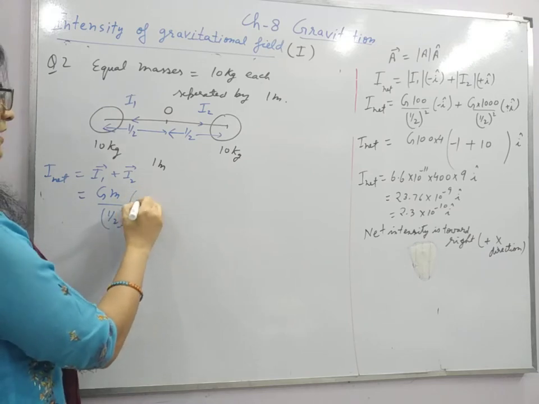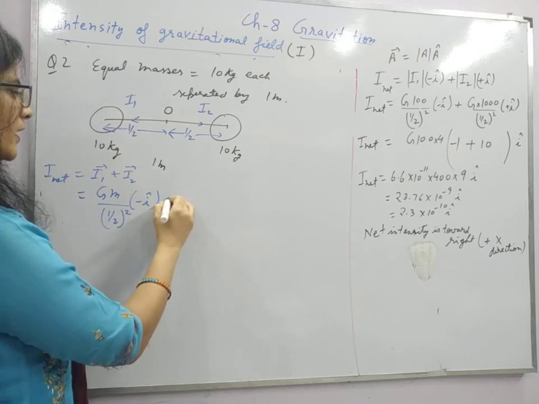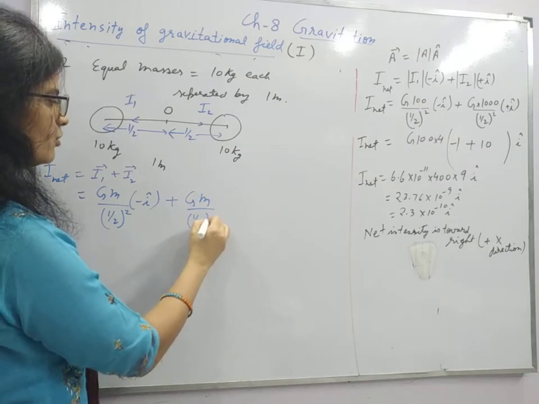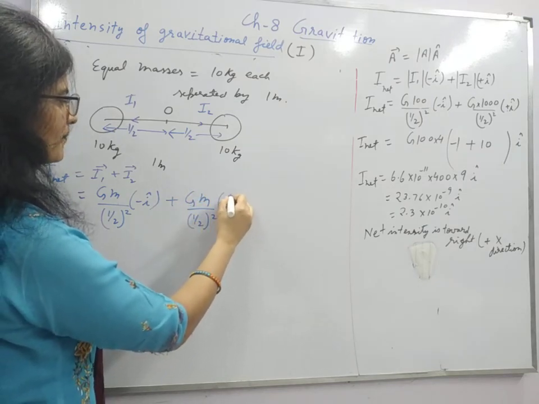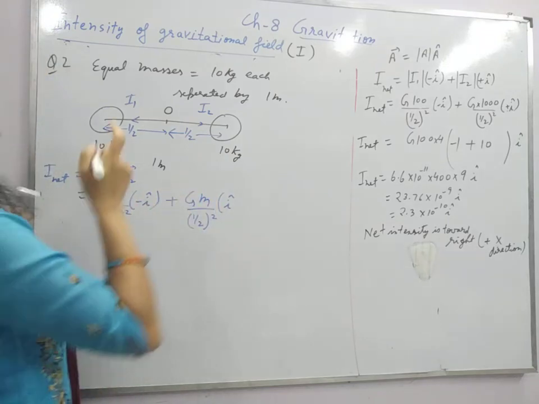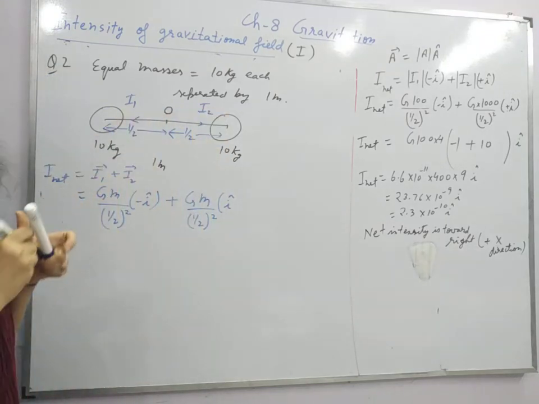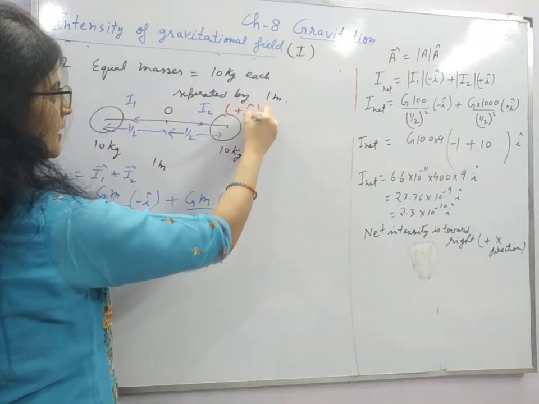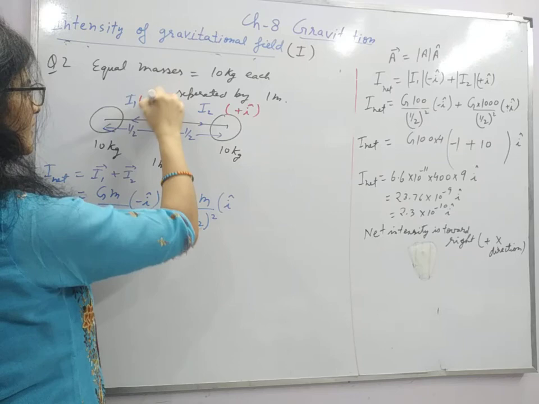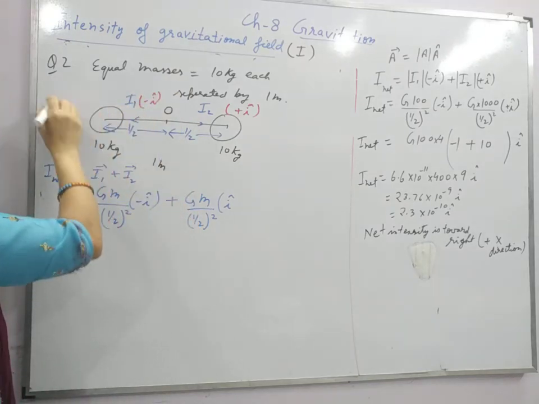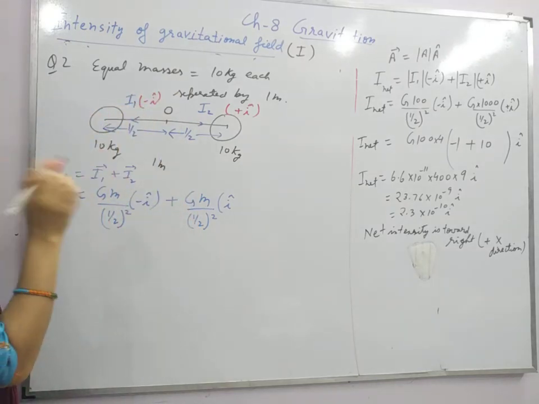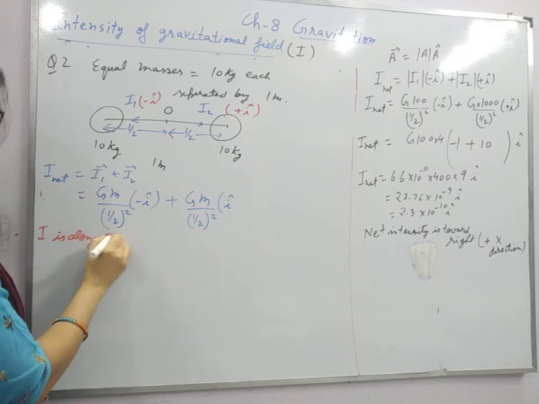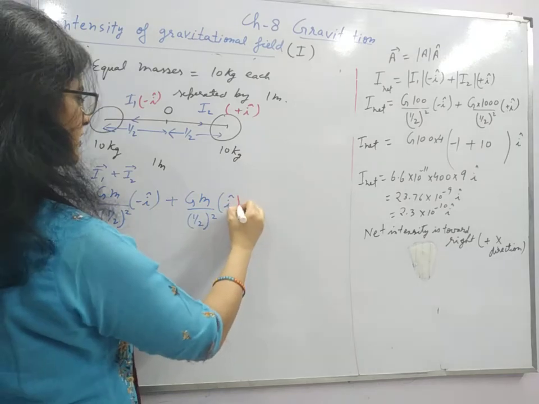For this I will write minus i cap, and for the second one I will write G M upon 1 by 2 whole square, but here I will write i cap. Why? Because I2 has plus i cap direction and this has minus i cap direction. So intensity has the same direction as force. I is along force. So here I can take common.